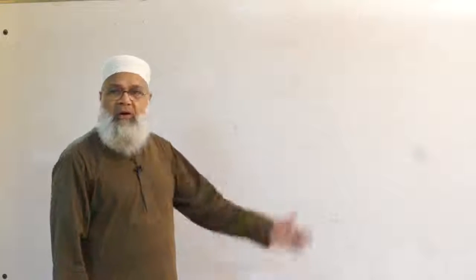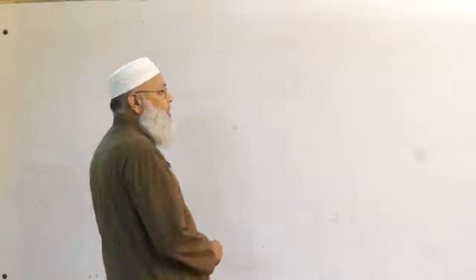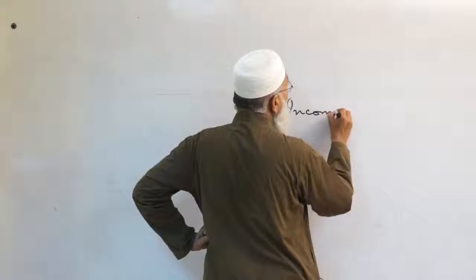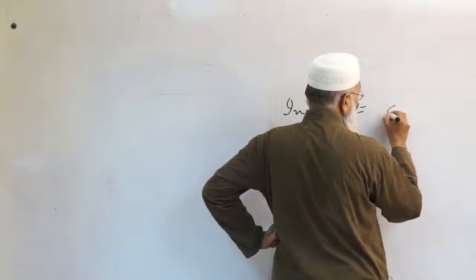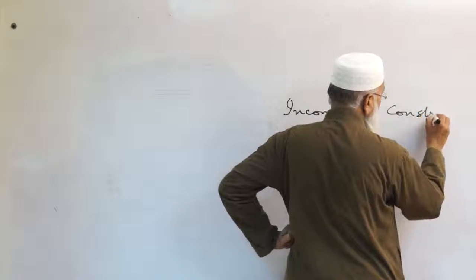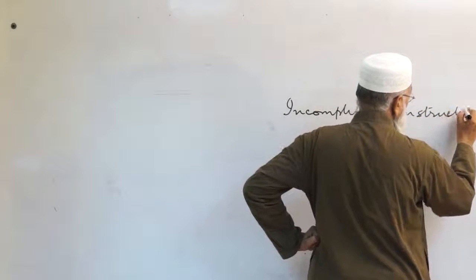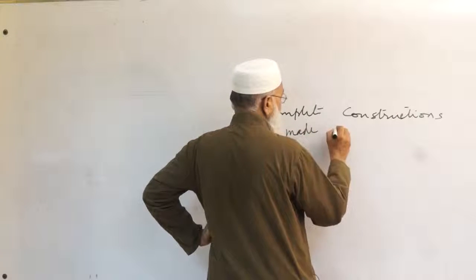With the combination of different nouns, there are three basic constructions in Arabic. Two of them are incomplete and one of them is a complete construction. Incomplete constructions made of nouns only.